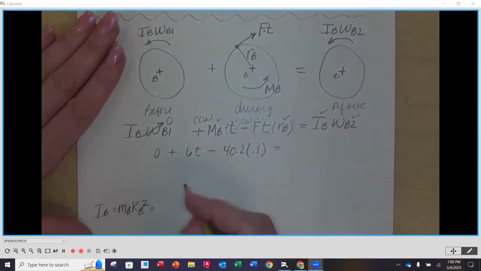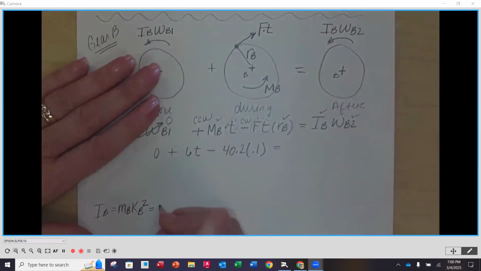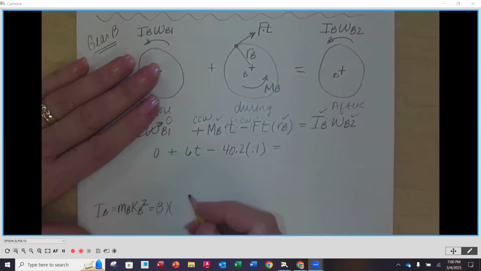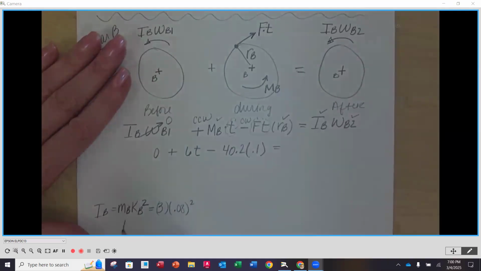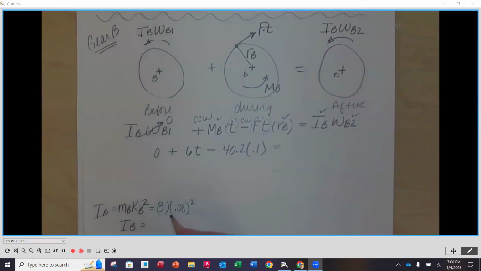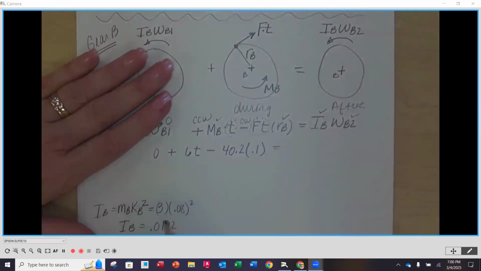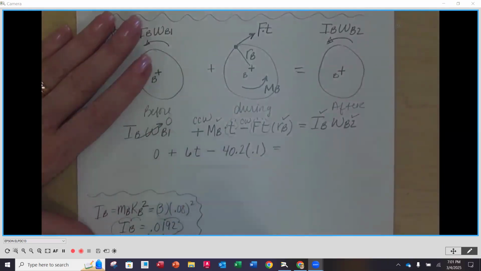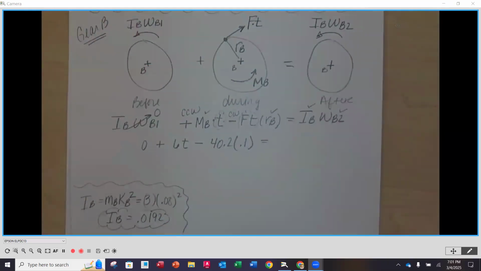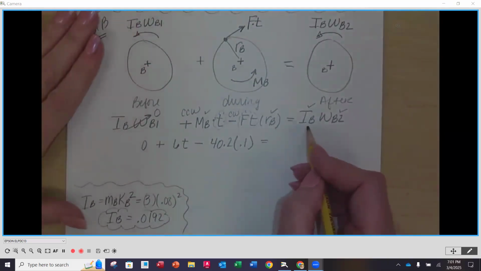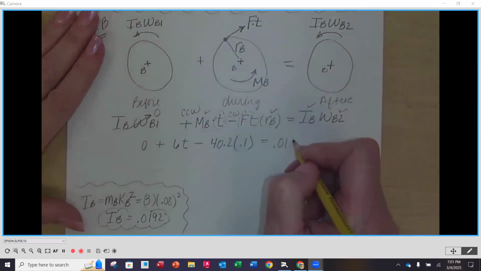The mass of B was 3 kilograms times its radius of gyration of 0.08 meters squared. So IB should come out to be 0.0192. We'll put this in its own little corner. That's my moment of inertia at B, 0.0192.